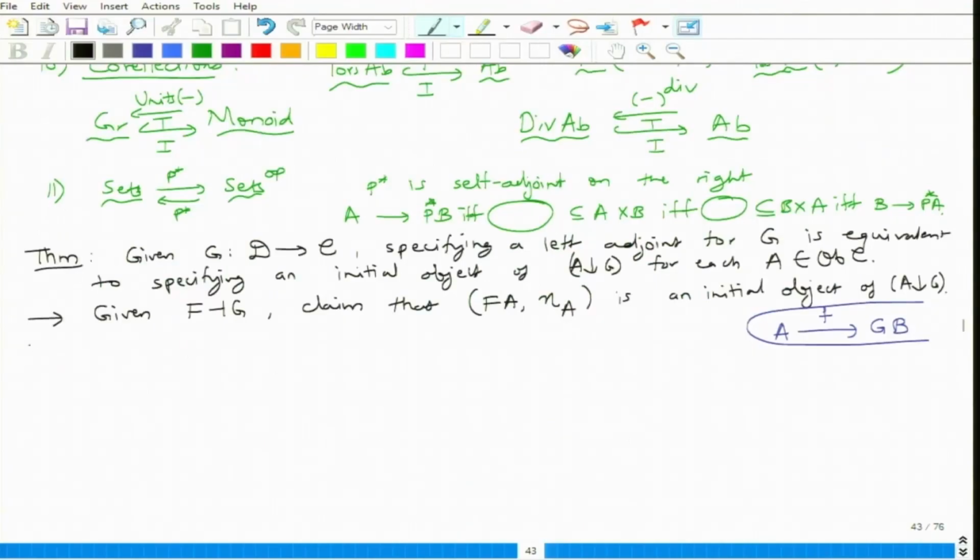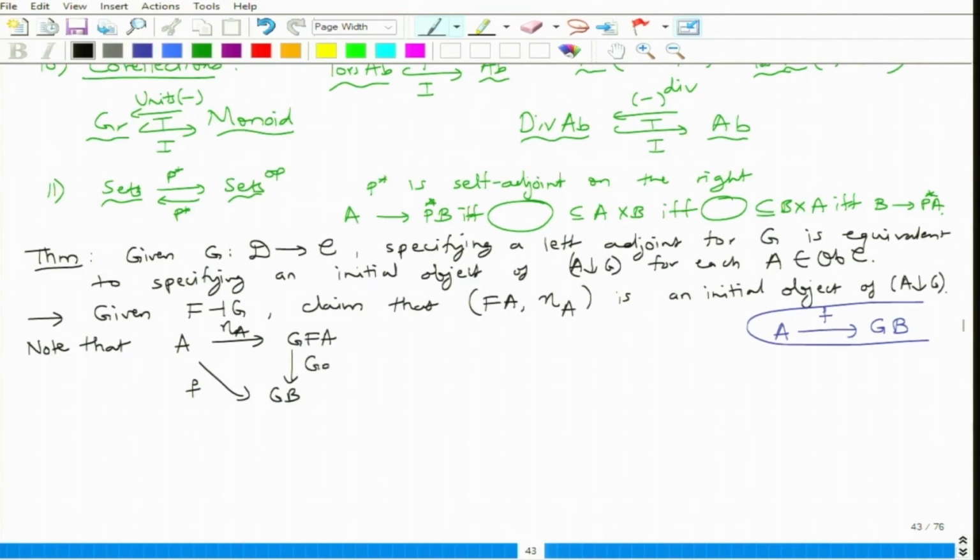Now note that, okay, now this is hypothetical. This diagram, now this is a morphism in which category?